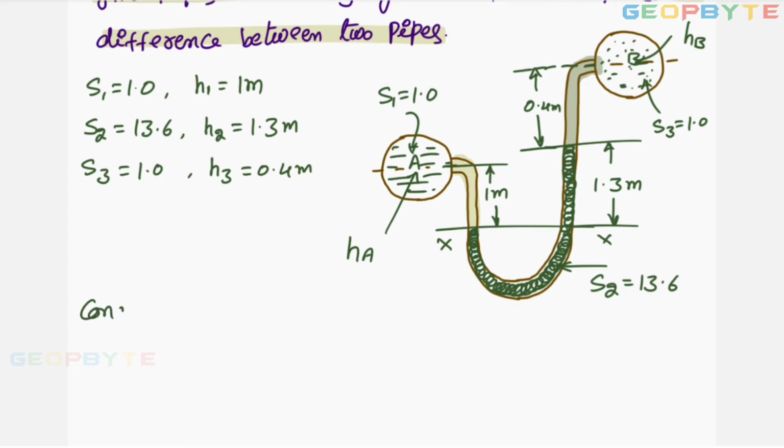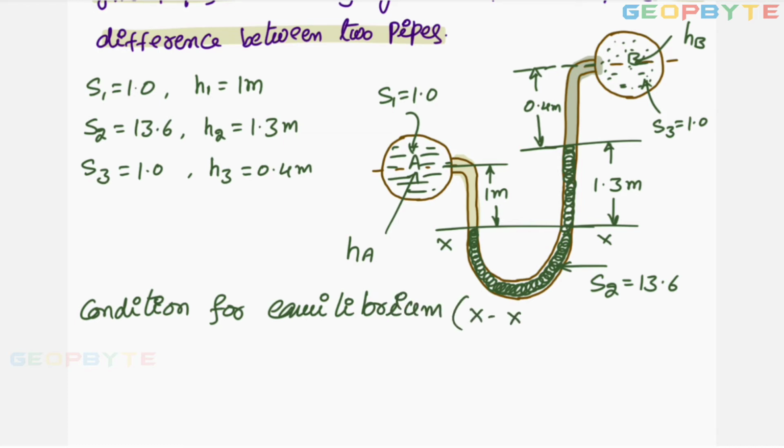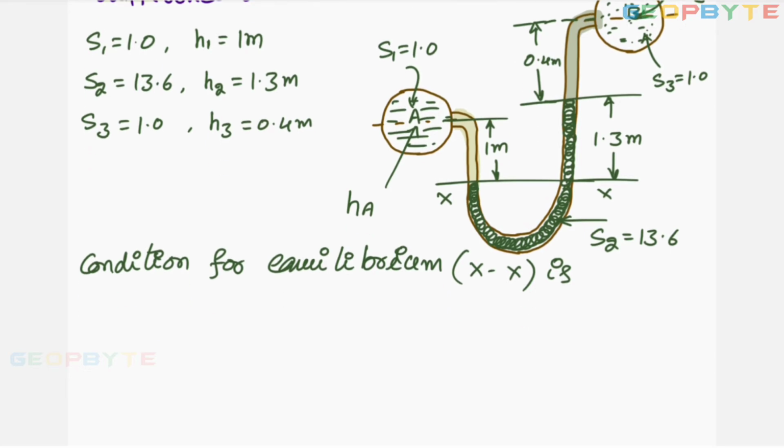Condition for equilibrium about X-X is, here the total pressure head in the left side must be equal to the total pressure head in the right side.